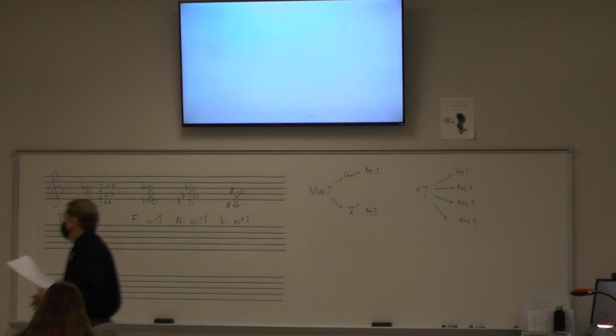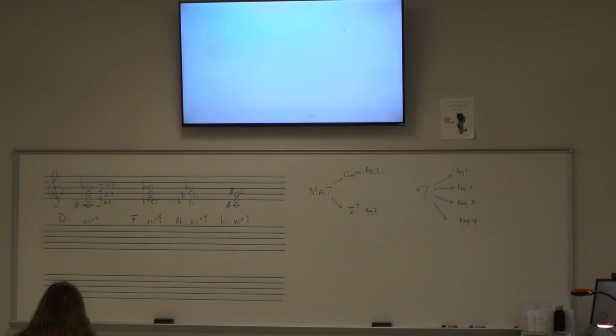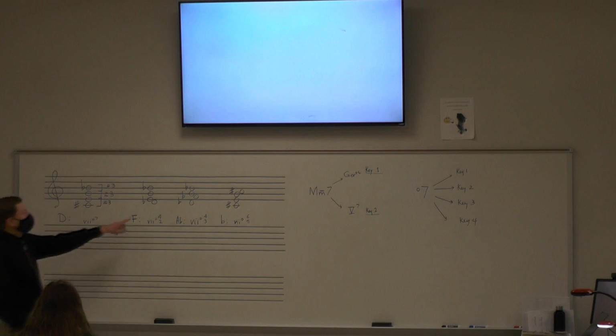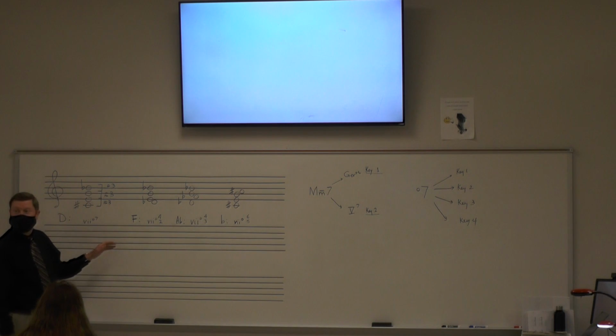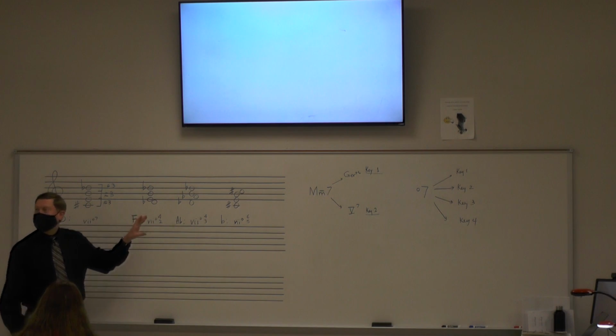So I guess what I'm saying is, when I go to the piano and I play this sound, you don't know which of those four chords I'm playing, because they all sound identical, because the chord is symmetrical. I could be playing this one, this one, this one, or this one, and you won't know which one I'm playing until the chord resolves.